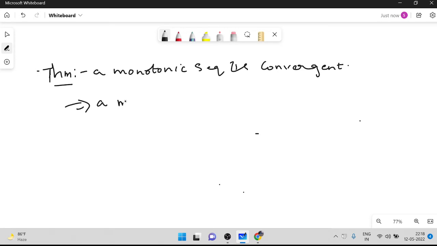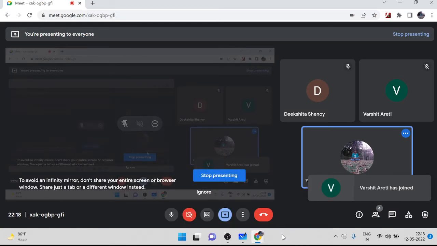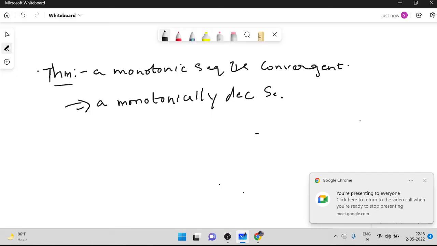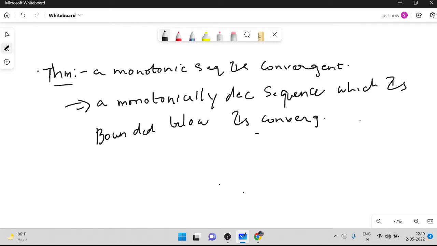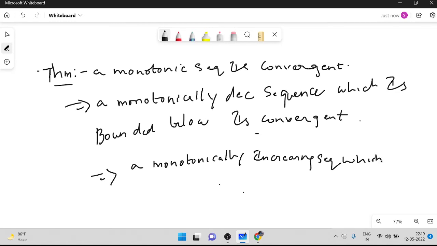A monotonically decreasing sequence which is bounded below is convergent, and similarly a monotonically increasing sequence which is bounded above is convergent.